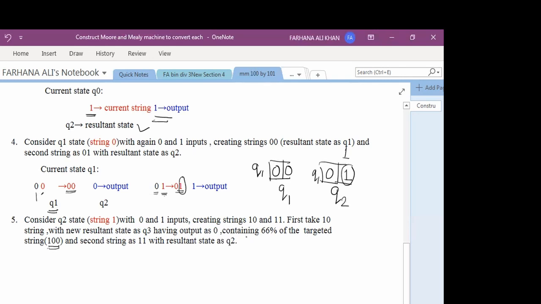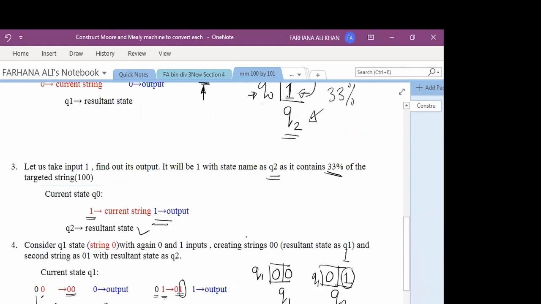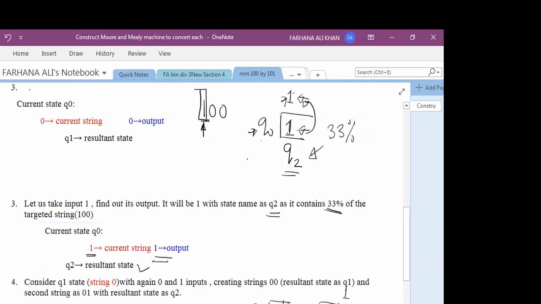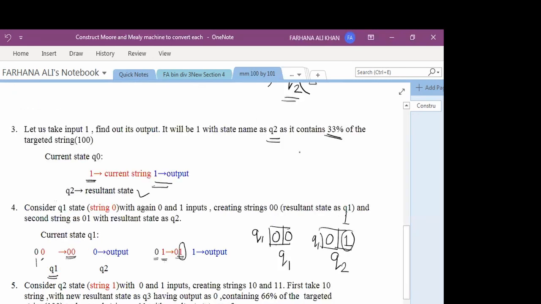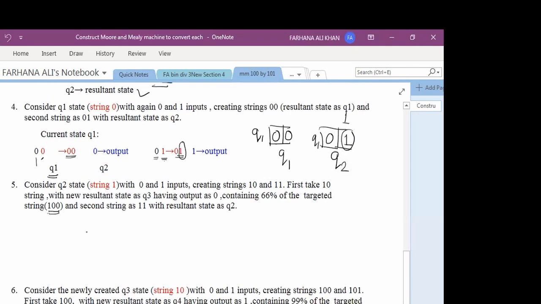Now what are we going to consider? We are going to consider the resultant state Q2. Which string was represented by Q2? The string represented by Q2 is string 1. So we are going to consider the string 1, which is represented by the name Q2.